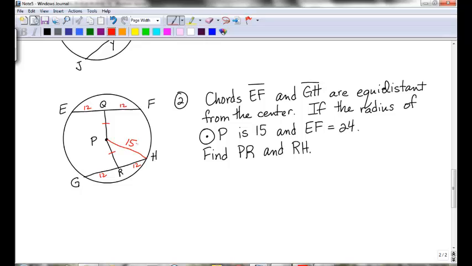Very similar to what we just did, Pythagorean theorem, right? So you've got PR squared plus 12 squared equals 15 squared.